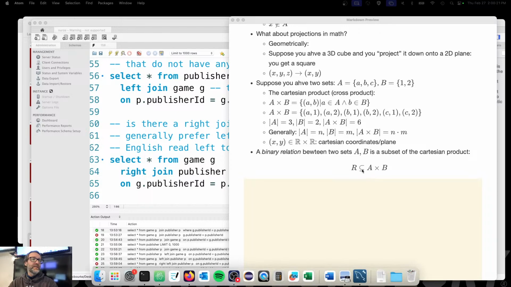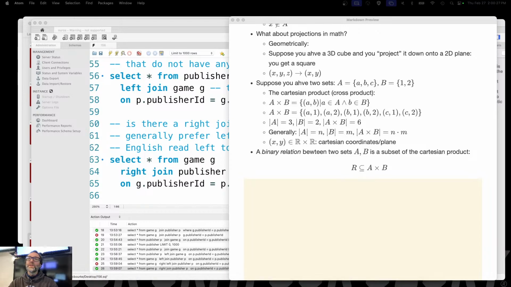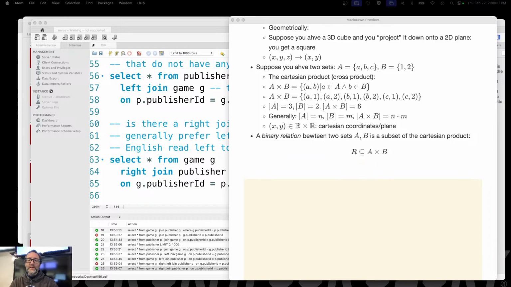Right? This subset notation here. Have you seen relations before? In a discrete math course? No? Well, a relation is just a subset of the Cartesian product that satisfies something, right? For example, let's say x and y are in R, and then let's go with if and only if x is less than or equal to y.